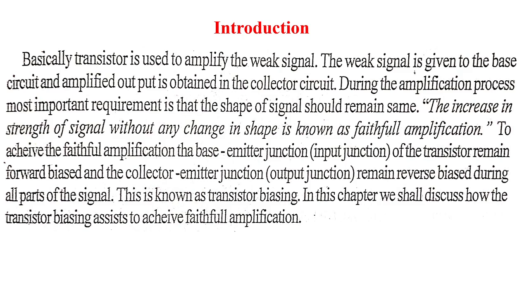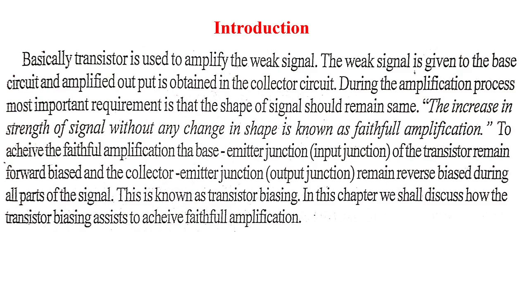Now here we also study transistor biasing and stabilization. The basic function of a transistor is amplification. An amplifier is an electronic device which amplifies the strength of a weak signal.